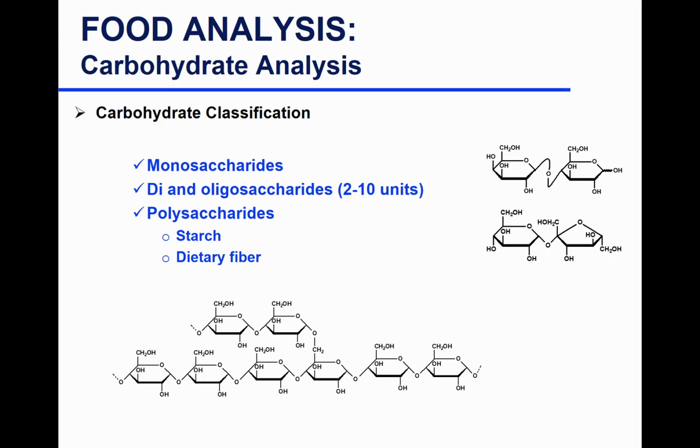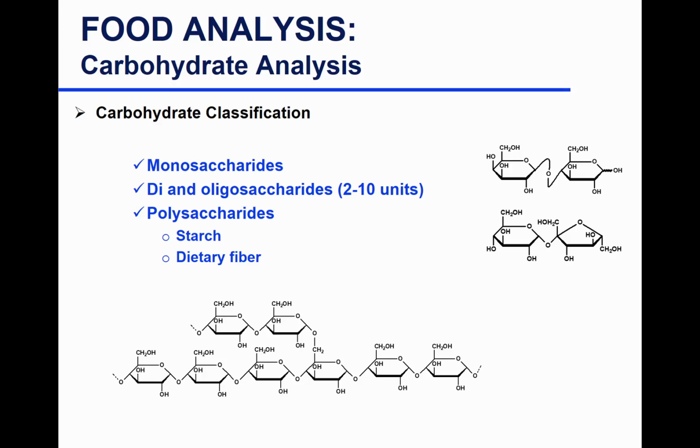So very simple classification before we get started with analysis itself. In carbohydrate, we have monosaccharides, di- and oligosaccharides. Di, of course, is 2 units, oligosaccharides 3 and higher, up to 10 units, and then polysaccharides, you have the starch and dietary fiber.